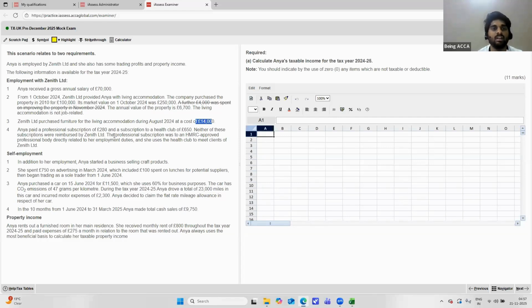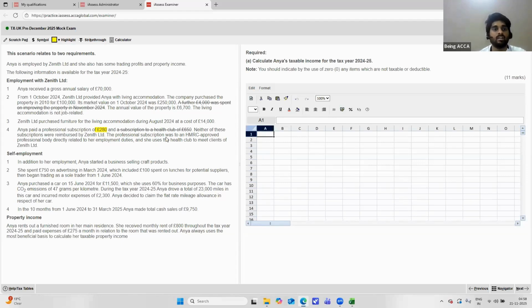The professional subscription was to an HMRC approved professional body directly relating to her employment duties. So the professional subscription is directly relevant to her work, and the health club subscription of 650 is nowhere relevant to the work that she does. So this is not allowed, and it is a disallowed expenditure.